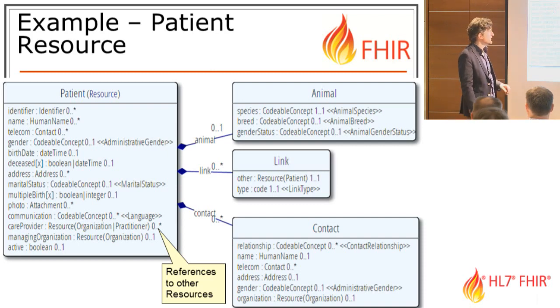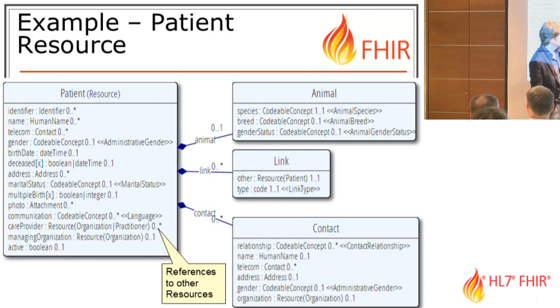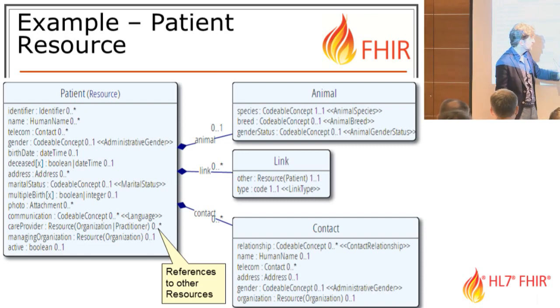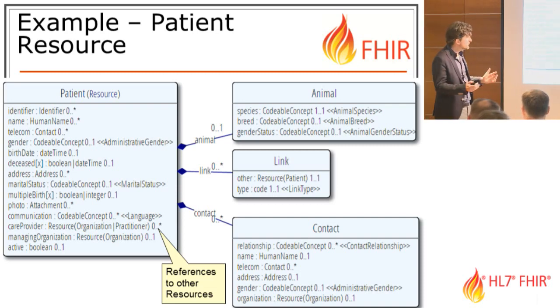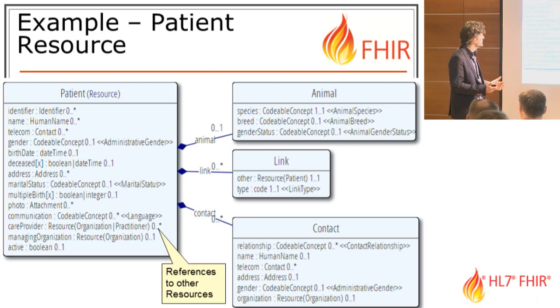So these models aren't always just simple flat stuff. Here's a patient, for example. It has some nested components like information about what happens if this patient is an animal, or 0 to star contact persons for the patient. So this can be a sizable block of stuff. And also the data elements, they don't use always primitive types.